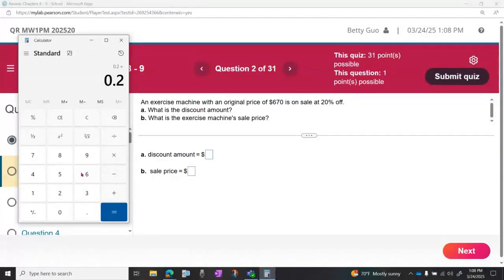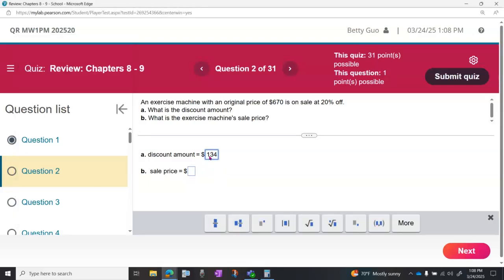0.2 times the original price, 670. That's the discount amount, 134. That's the dollars you save when you purchase the machine on sale, compared with purchasing it when it's not on sale. The sales price is cheaper than the original price because it's on sale, right?